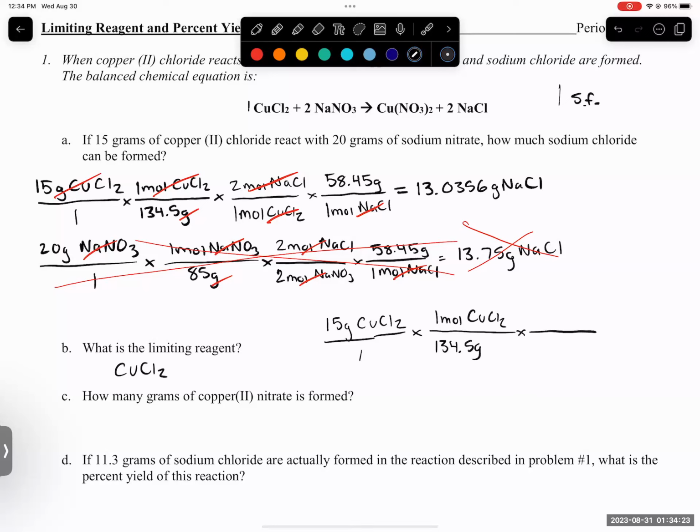And like we said, the difference here is that we're using the molar ratio of copper 2 chloride to copper 2 nitrate instead of copper 2 chloride to sodium chloride. We're doing that because it's asking about copper 2 nitrate instead. It's a 1-to-1 ratio.